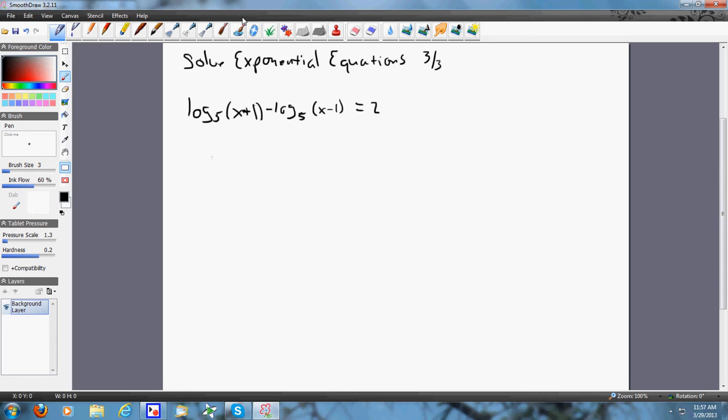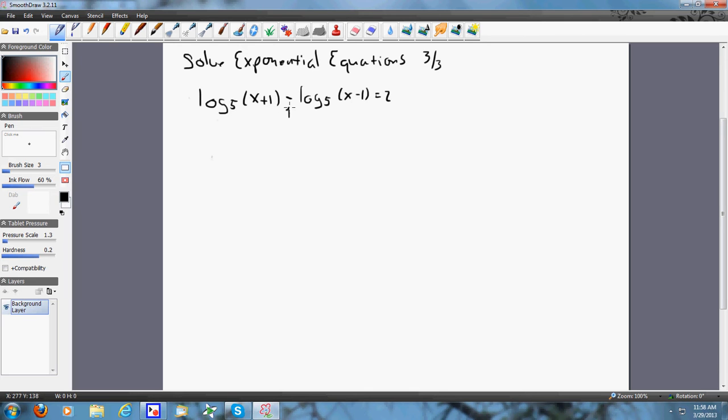And once again, actually, you know what? I'm just going to erase this whole thing and start over. Log base 5 of x plus 1 minus log base 5 of x minus 1 is equal to 2.